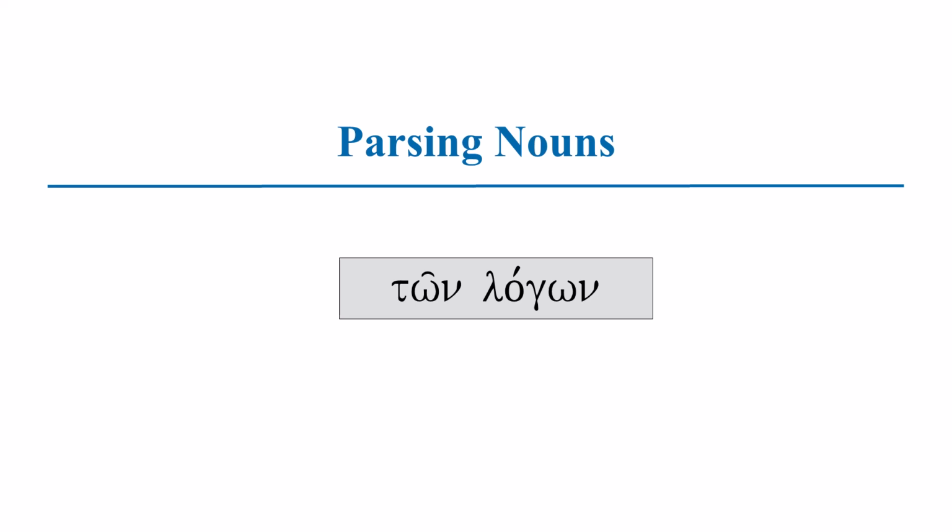And the case itself is genitive. That case ending, omicron nu, is found in the genitive. And because it's plural, logos means word, and logon is going to mean words. But because the word is in the genitive, genitive adds the word of when you're translating. So you have of the words.